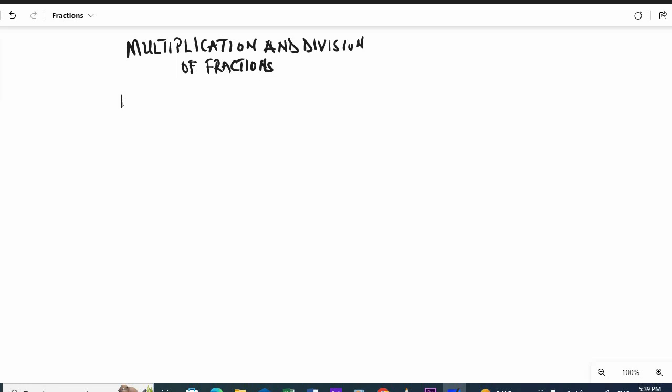Right, so first example, okay, let me just write this out. Examples. So the first one we'll be looking at is the multiplication. So let's say 3 over 4 times, what now? Let's say 2 over 9.